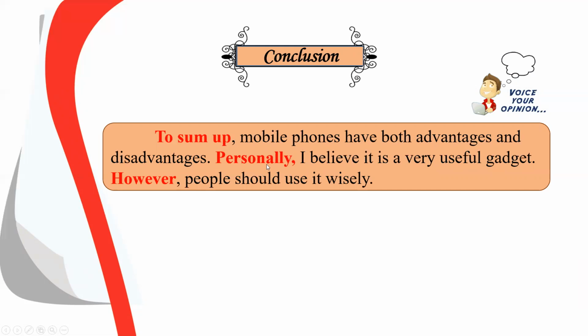Personally, you see, we're using this word personally to state our opinion. I believe it's very useful. It's a very useful gadget. However, we're using again however here to express contrasts. People should use it wisely.